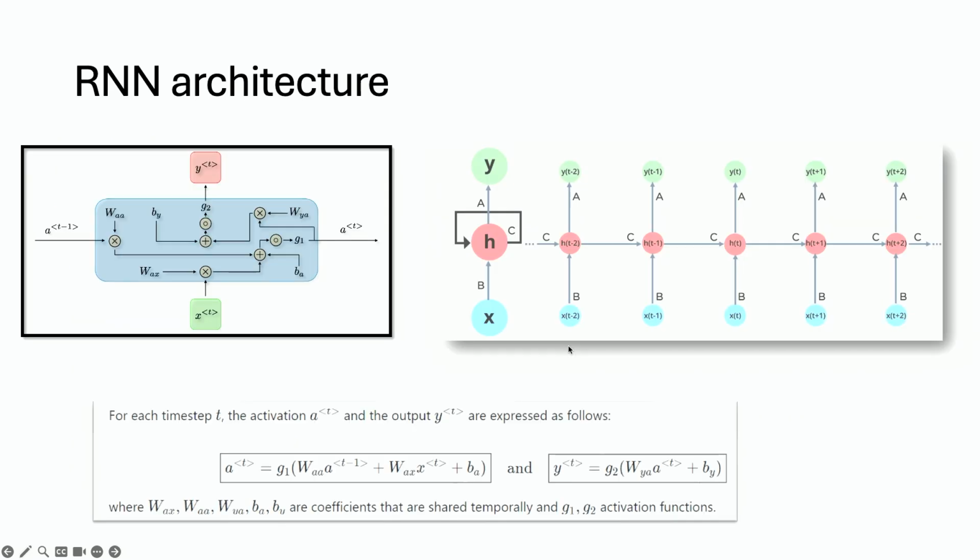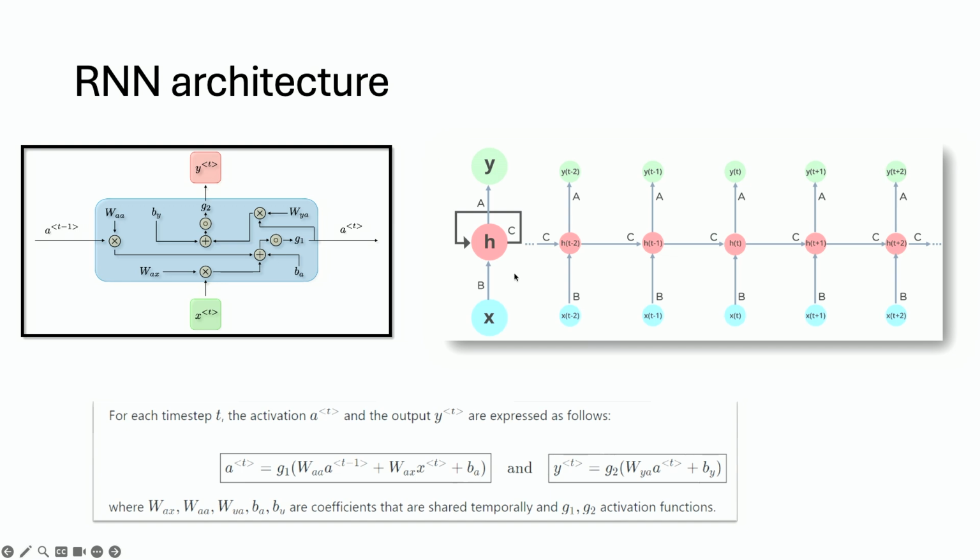You have connections within each neural network, but it also considers information from its own output. This is the main difference of a recurrent neural network from a fully connected or feed-forward neural network.